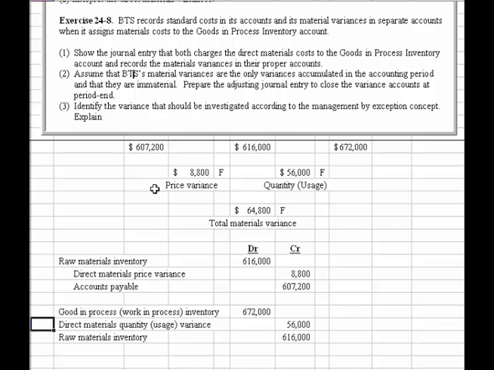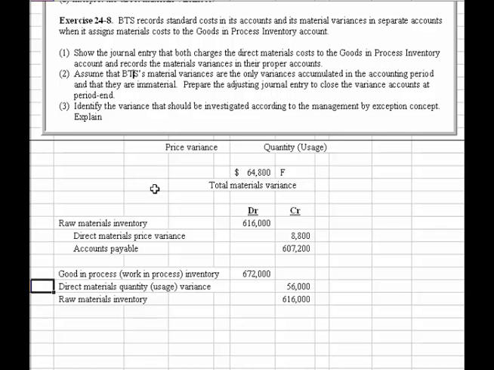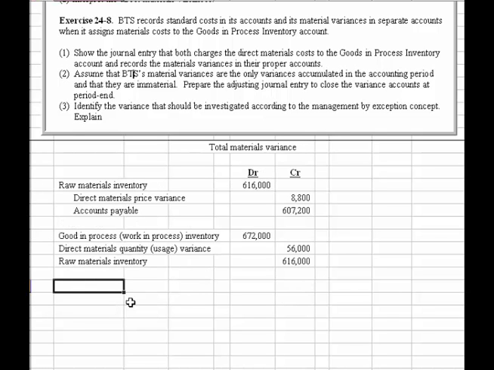Okay, the last part says to prepare the adjusting journal entry to close the variance account at the period end. Alright, the final entry we would do there is we would close the variance accounts since they're temporary accounts. And rather than type it, I'm going to copy it from here.